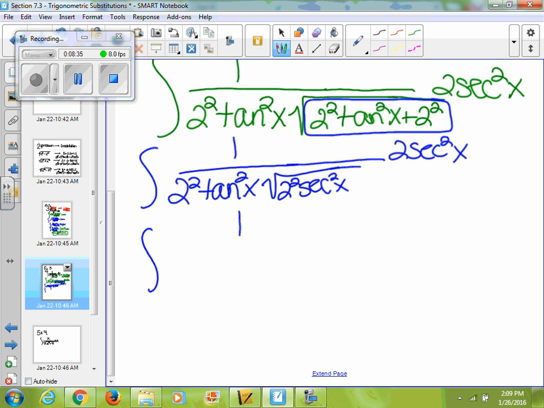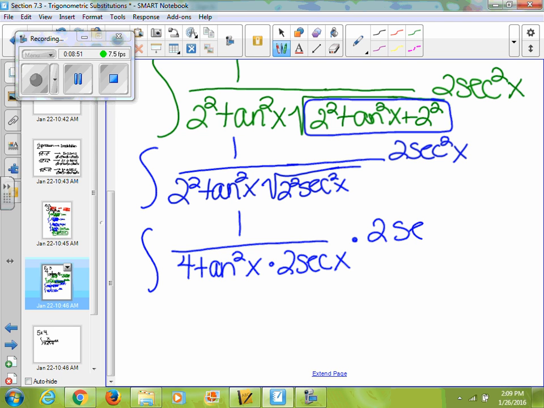So if I start simplifying, 2 squared is 4, so 4 tangent squared of x. The square root of 2 squared is 2. The square root of secant squared is secant. And I still have 2 secant squared x on top, and I'm going to make that into a fraction, so it's over 1.